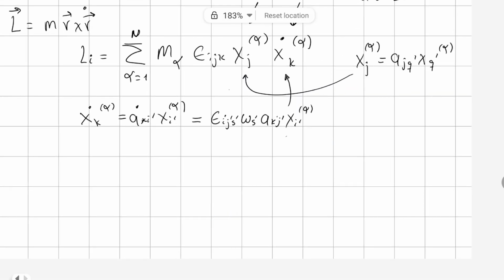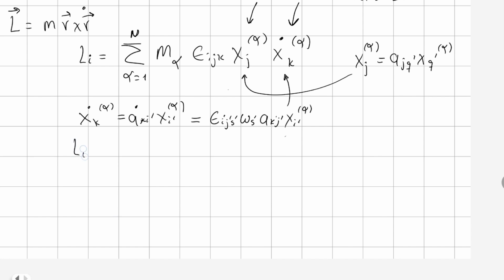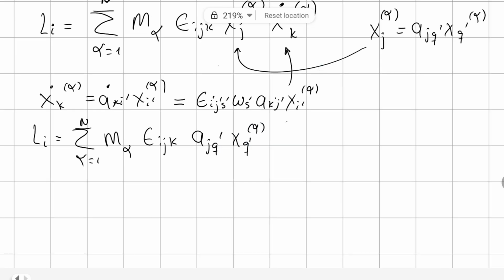Okay, so we are going to get that Li is equal to the sum from alpha equals 1 up to n of the mass times the Levi-Civita ijk xj, which is going to be ajq prime xq prime alpha, and then xk dot, which is going to be the Levi-Civita ijs omega s a k j xi prime alpha.